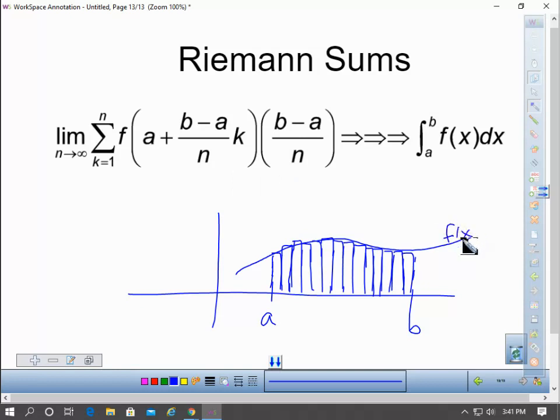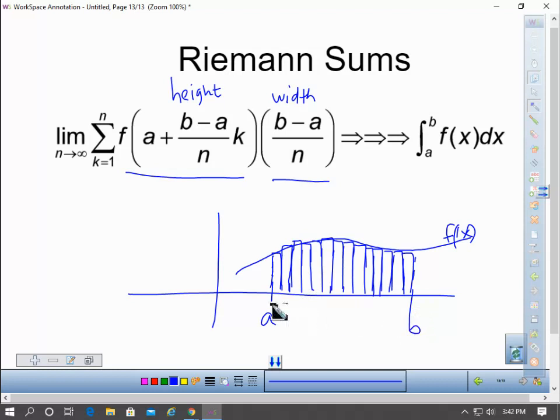This is f of x, all right? And notice we have f of this quantity times this. Well, this is the height of the rectangle, and this is the width. So if you take b minus a, that would be how long this is. And if you divide by n, the number of rectangles we're using, that would give me the width of each rectangle.